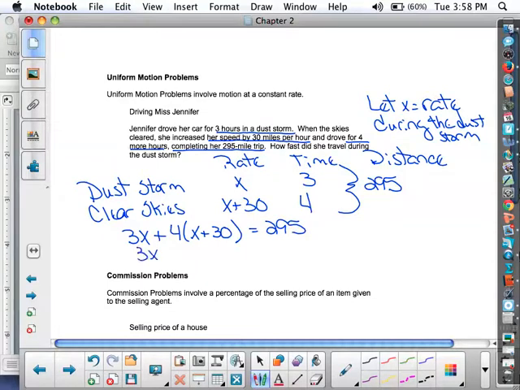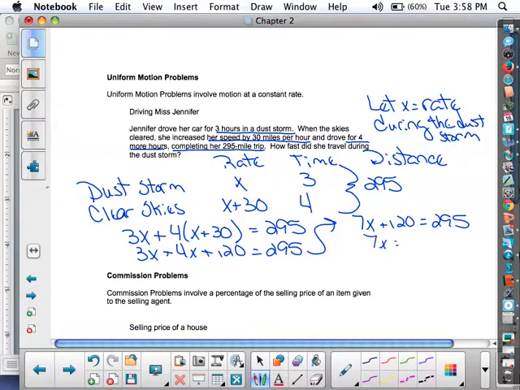So we have 3x plus 4x plus 120 equals 295. Add like terms, you get 7x plus 120 equals 295. 7x equals 175. So x is equal to 25 miles per hour. That was her speed during the dust storm.